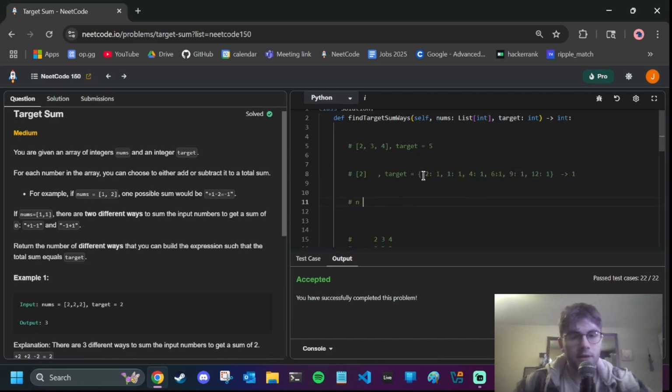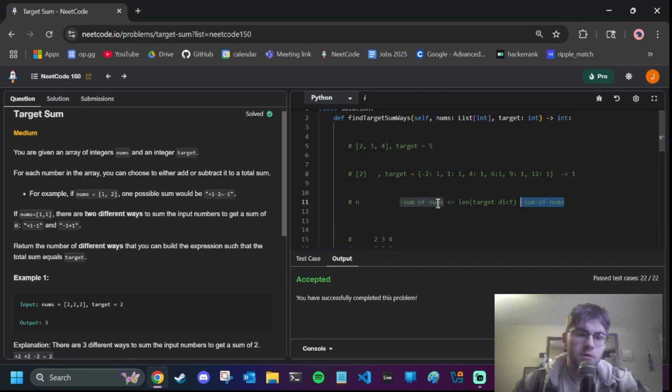So we know that the length of the target dict has to be between the negative sum of nums and, so let's say it's greater than or equal to the negative sum of nums, and that is if you were to take the sum of this and then times it by -1.